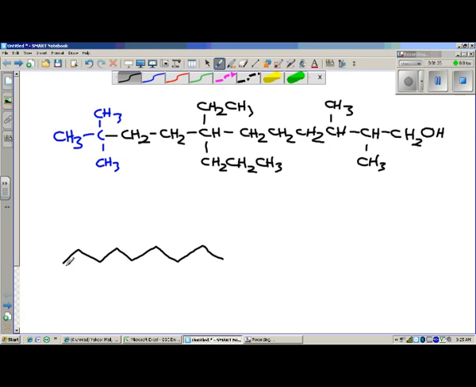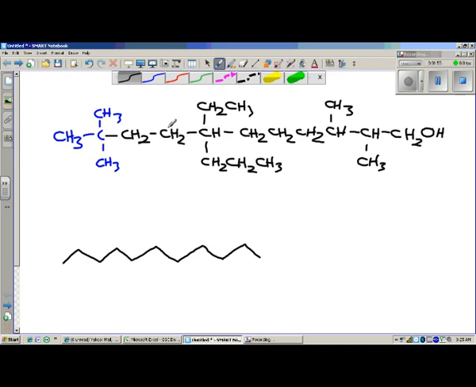Now, how many carbons do we have here? Well, we have 2, 4, 6, 8, 10, 11. Now let's just check that again. 2, 4, 6, 8, 10, 11. Okay, so we have the right number of carbons, and let me just count these up again to be sure.